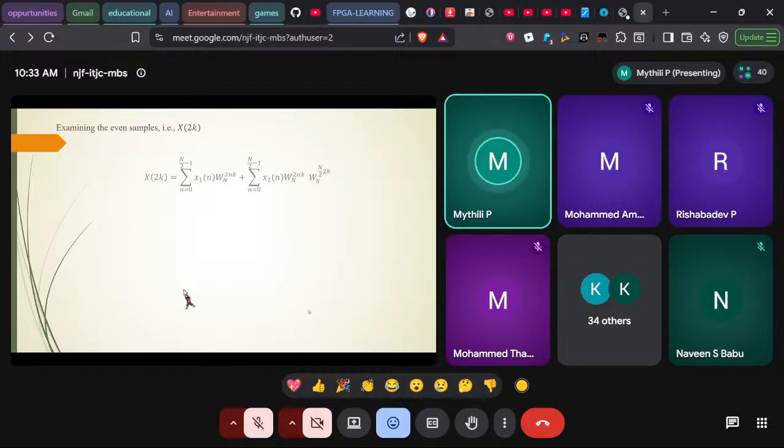Wherever you have a k, you replace it with 2k. So when you replace with 2k, this became Wn of 2nk, and this became Wn by 2 of 2k.